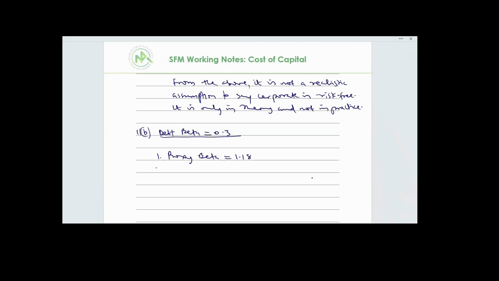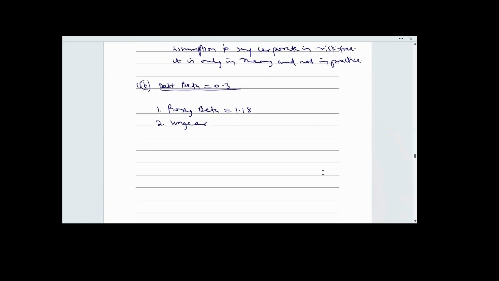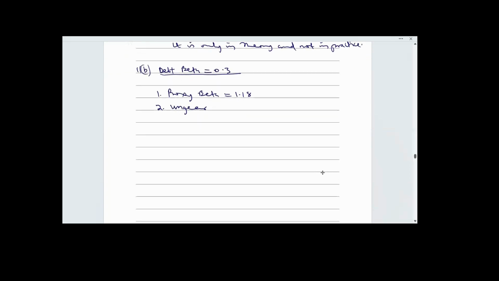So we need to ungear this beta. That's step 2. We ungear the beta to remove financial risk. So to ungear this beta, since we are given a debt beta of 0.3, we are going to use the extended formula.